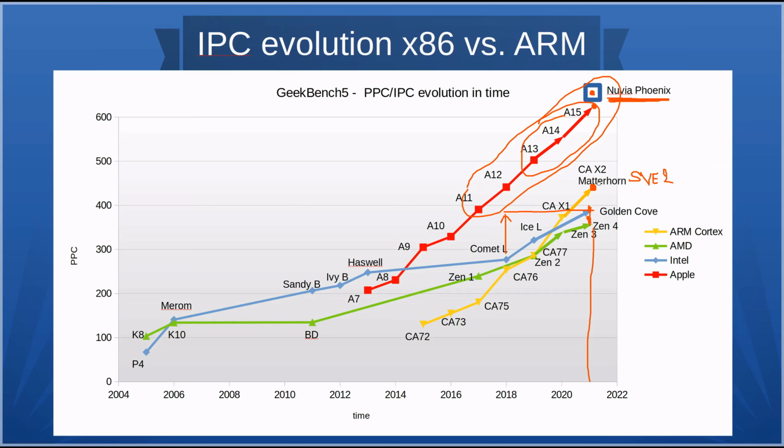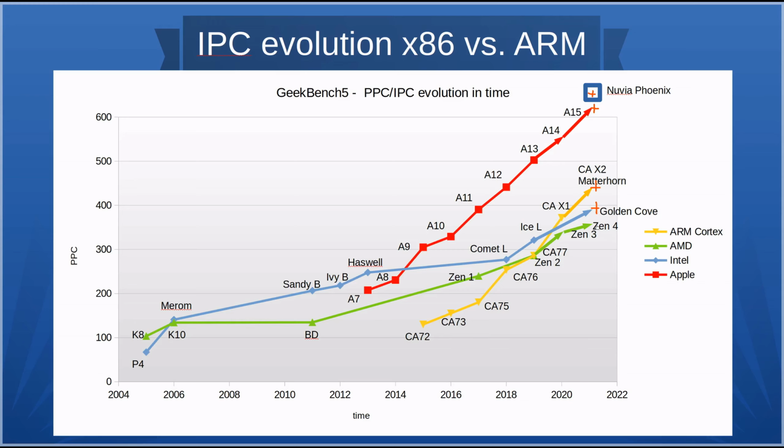And so a lot of interesting things are coming next year, because there are major new designs: the Nuvia Phoenix, a completely new architecture from Apple, a completely new architecture from ARM, and a completely new architecture from Intel, the Golden Cove.